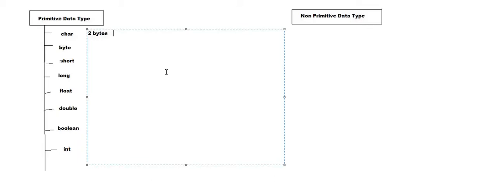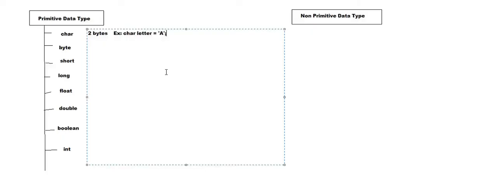For example, char letter equals to, like this. So this stores a single character or a letter or any ASCII value. ASCII values it stores inside it.